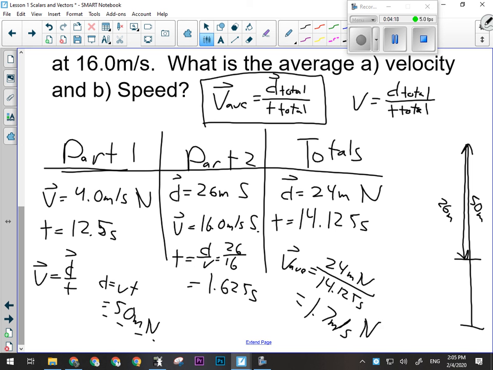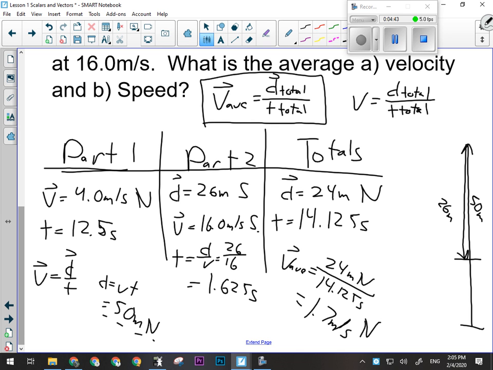So I was able to calculate the average velocity. Can I now calculate the average speed? What changes here? Distance. Right, the distance is going to change. Time is still going to be 14.125 seconds. That's how long the trip takes. Except now I'm not concerned with whether I went north or south, just how far I went.